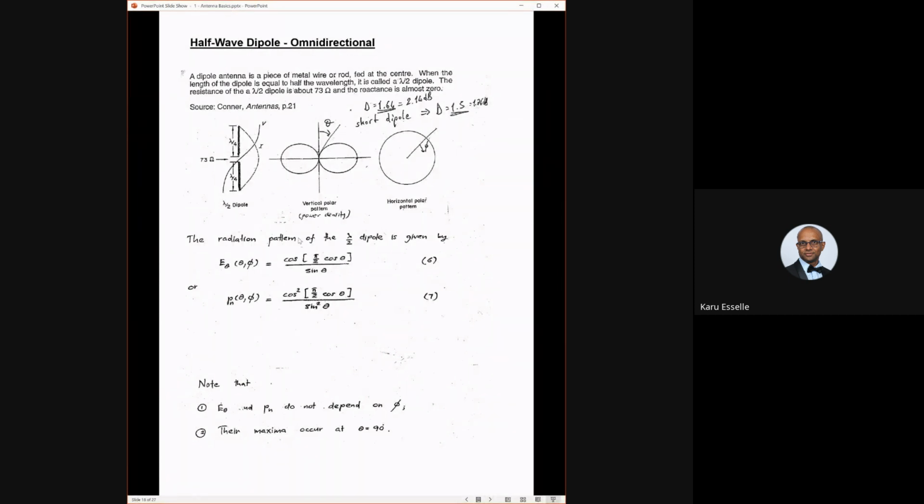And when you substitute these things in that equation, the linear directivity of a dipole becomes 1.64. Or in decibels, it is 2.16 dBi. For a short dipole, it could be less, something like 1.26 dBi.